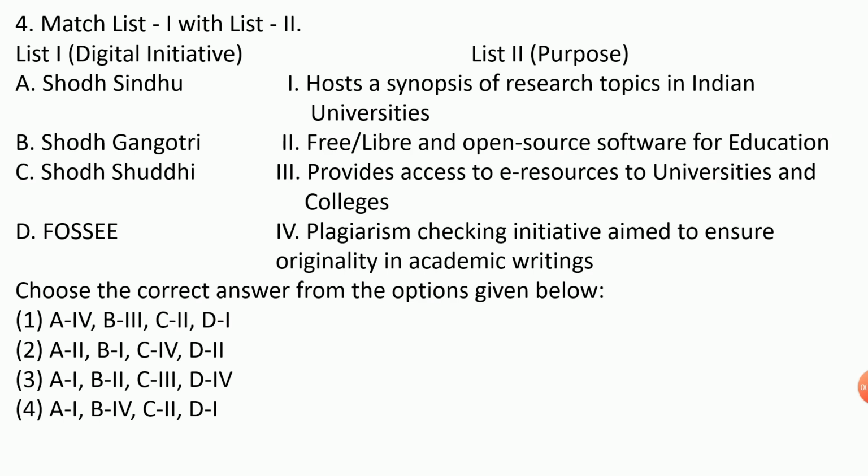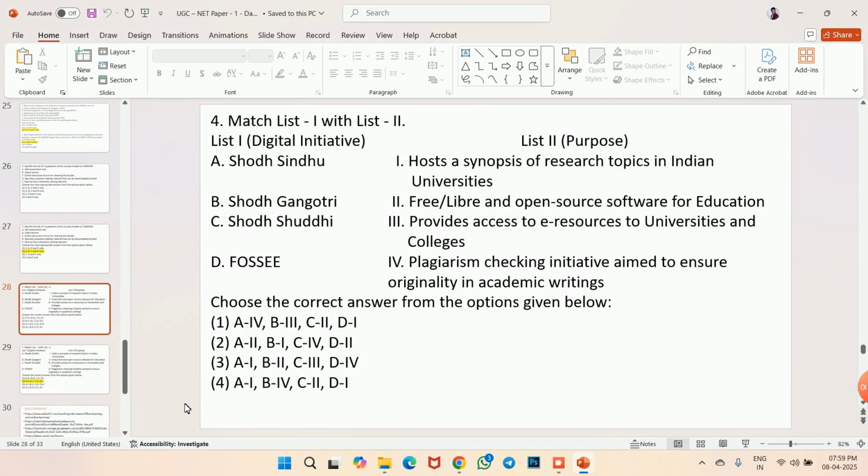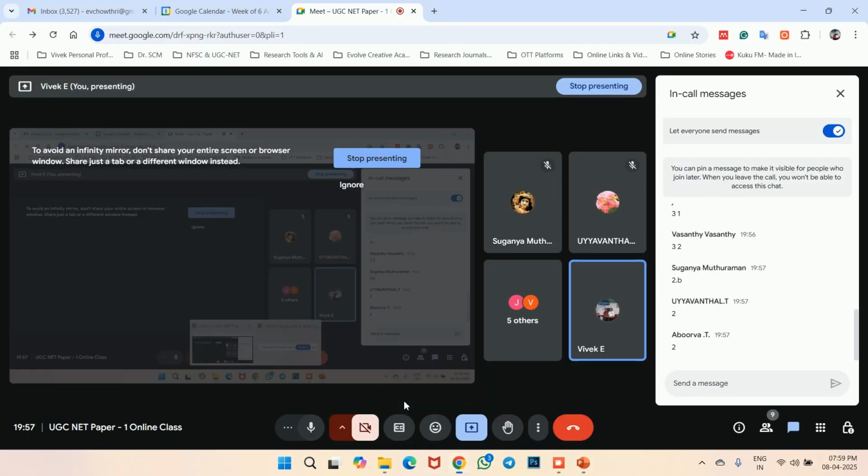Again, in this also, from the four digital initiatives we have seen only Shodh Gangotri. We have not seen, I hope, the other three. Still, for Shodh Gangotri, I have given an explanation. If you can find the answer for that, you can easily mark the option. So let's see who all have answered in a correct manner.